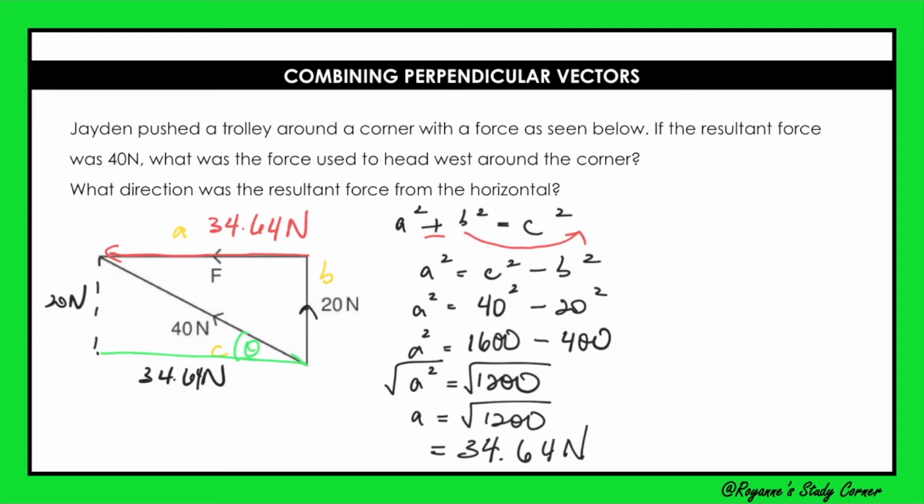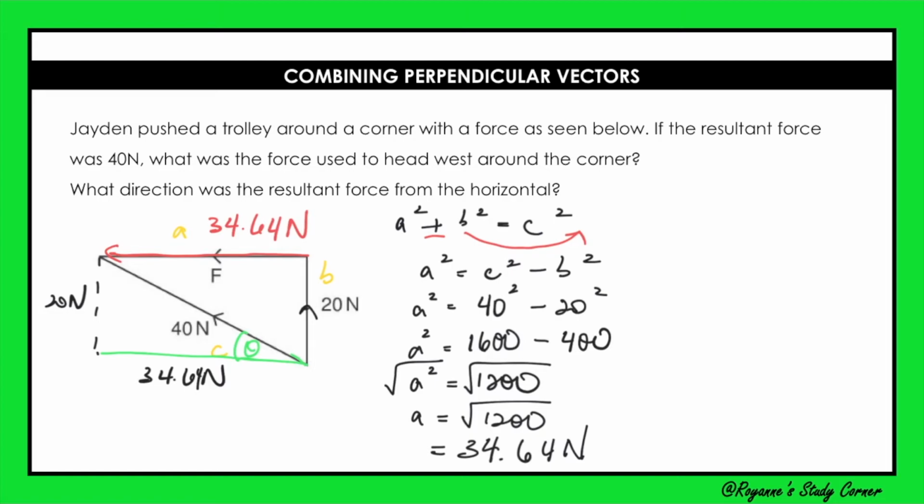But this time I'm going to do that because I want to stick with tan, only because I know most students are very used to using tan and prefer to stick with tan in instances like this rather than trying to figure out what sine or cosine is. But keep in mind, you have to know all of them inside out for maths anyway. So if you're good with that, proceed and choose the one that makes the most sense using the sides that they've given us, but I'll just use tan just this once.